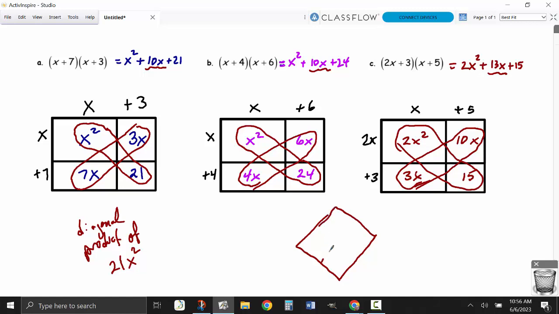Remember our diamond problems? Our diamond problems had a product that we were looking for and a sum that we were looking for.